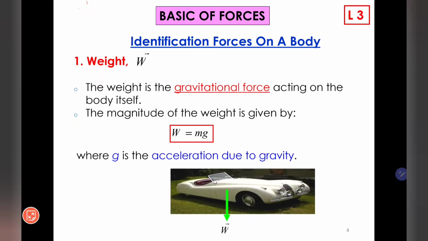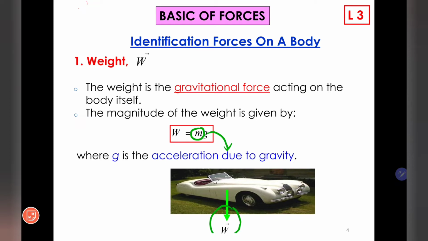So normally, by giving you the mass, we may calculate the weight. m represents mass, g is our gravitational acceleration. By knowing the mass, we just multiply by g and then you will get the weight. And remember, weight is a vector, and it is always directed downwards.